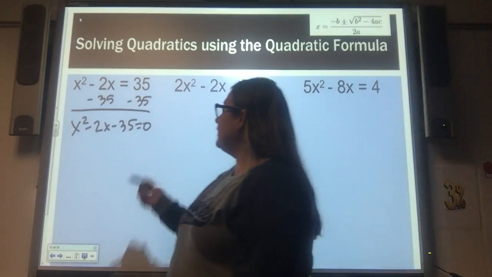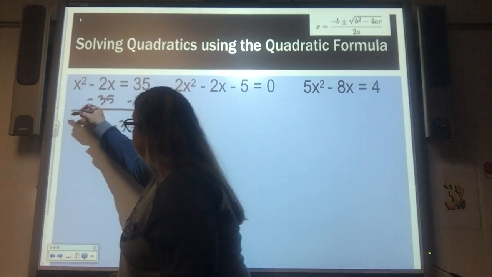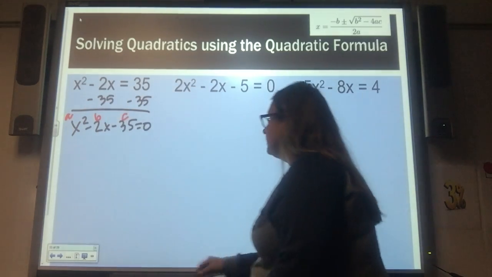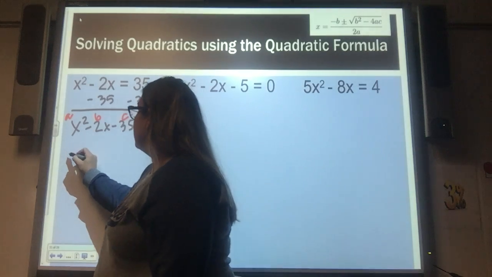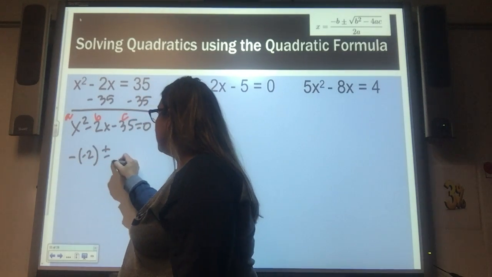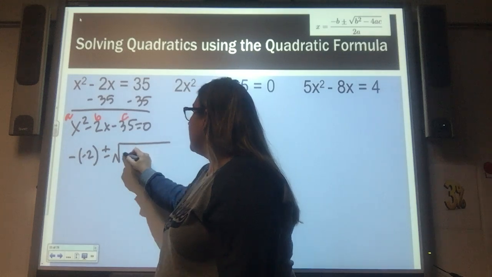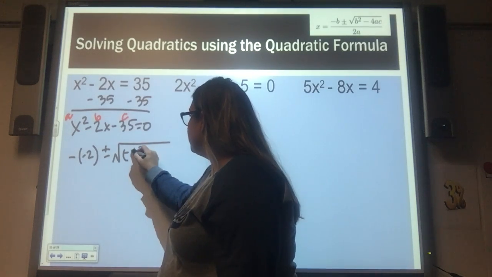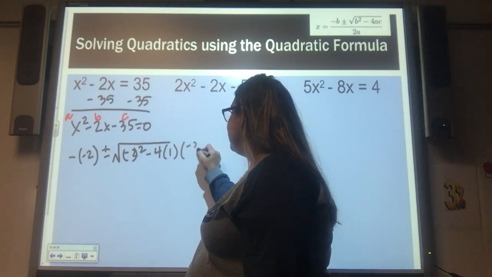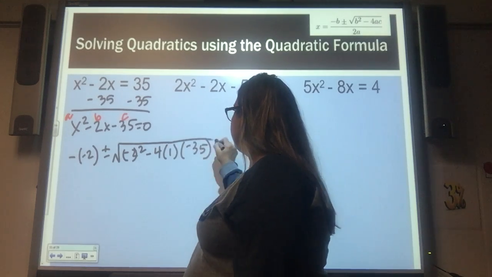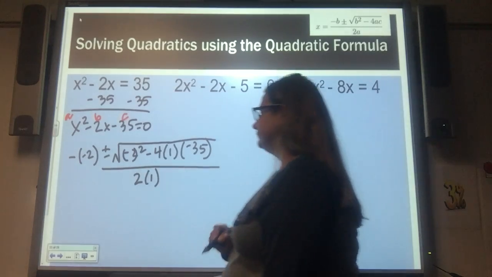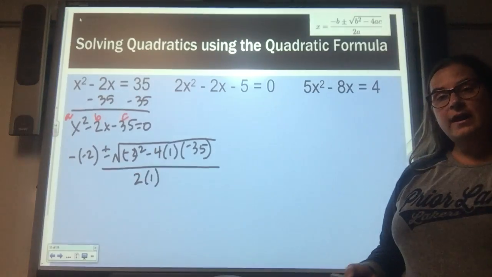All right, so we're going to fill in, this is A, this is B, and this is C. So we've got x equals opposite b plus or minus the square root of b squared minus 4ac all over 2a, okay? And then you evaluate that out.